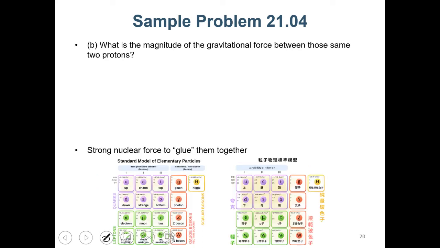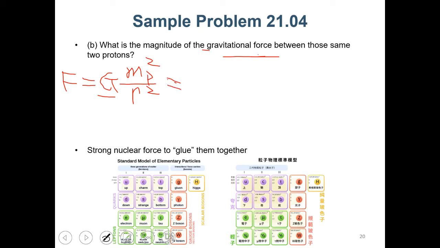So the next question is, what is the magnitude of the gravitational force between those same two protons? I suppose you still remember the gravitational force. The form is similar: a constant times the masses of the two objects, all over the square of the distance.